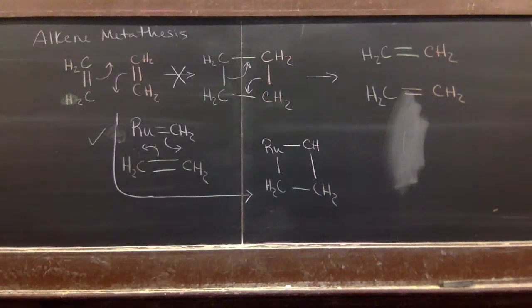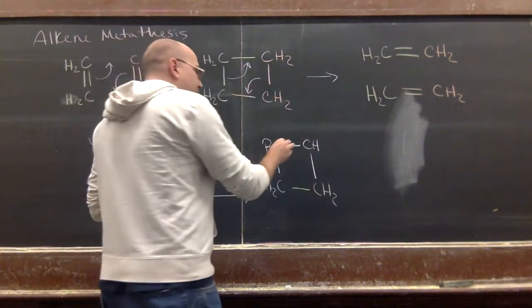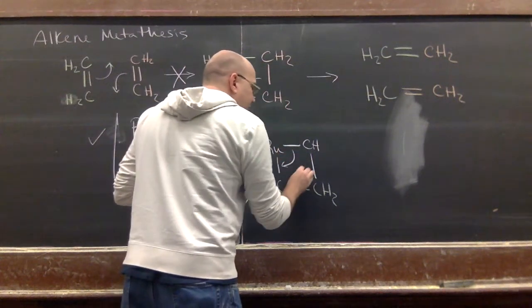And then when we do the retro 2+2, watch what ends up happening. For the sake of what we're doing, it doesn't really change anything, but it'll become clear. It's part of why we have the colors here.